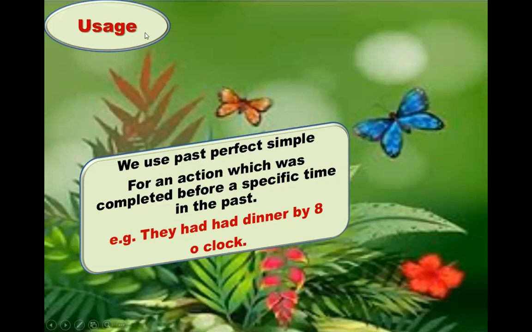So this is the first use of the past perfect simple tense. We use it to express an action which finished before a specific or definite time in the past. Okay, this is the first use.